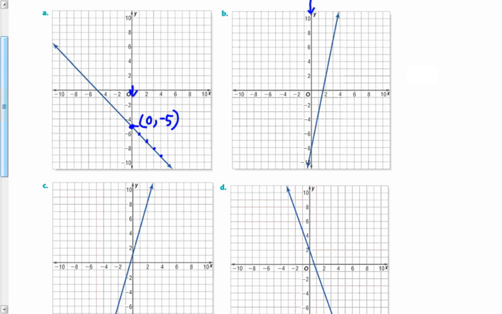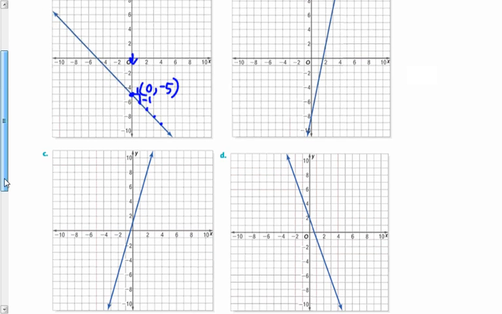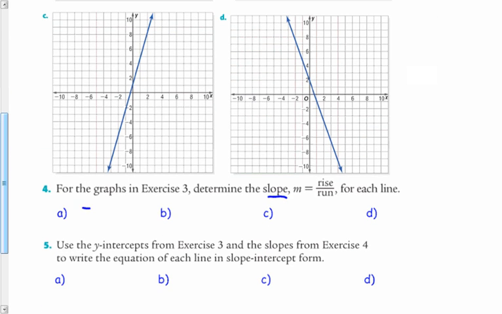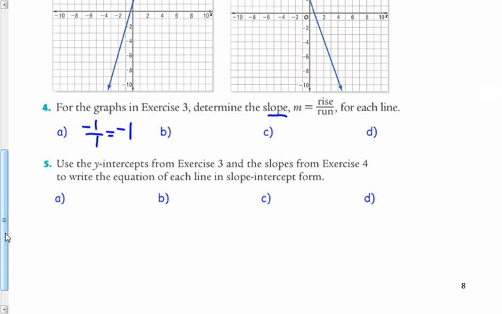So just pick 2 of those, and my rise and my run, I'm actually decreasing. So my run is 1 and my drop, it's actually dropping, so my rise is -1. So I'm going to do rise divided by run, that's -1 divided by 1, which is -1.